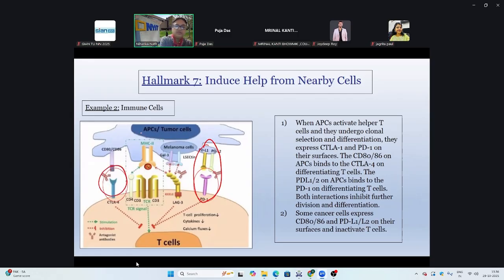And so in specific tumor cells, they function in this way. They will bind to this receptor and inactivate it, neutralizing it. This is normally what would happen.